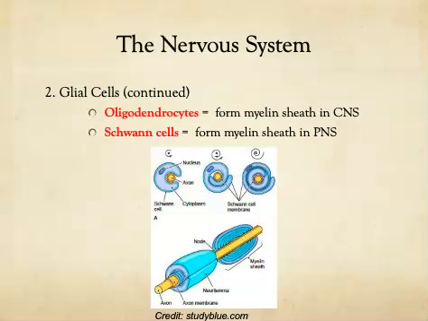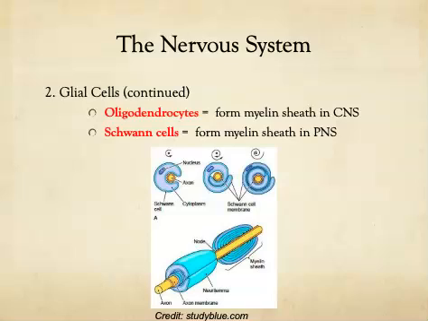The only difference between oligodendrocytes and Schwann cells is their location. The oligodendrocyte is the cell that forms the myelin sheath in the central nervous system, and the Schwann cell is the type of cell that forms myelin sheaths in the peripheral nervous system.